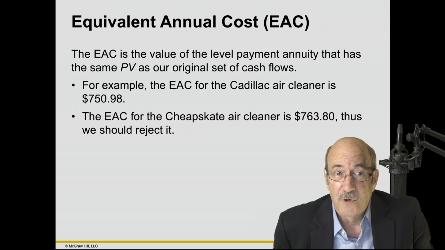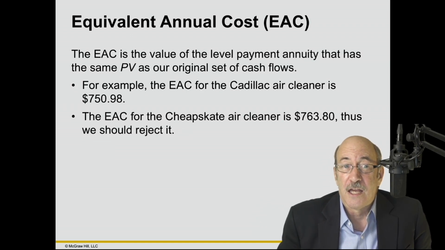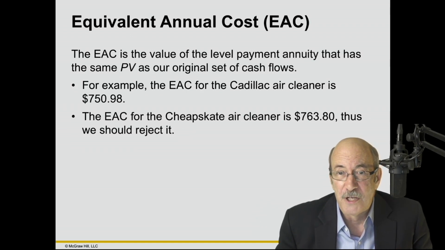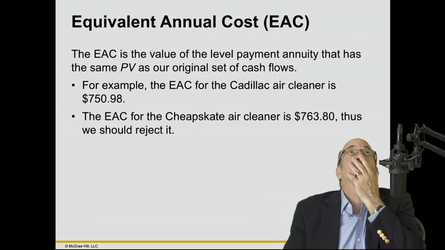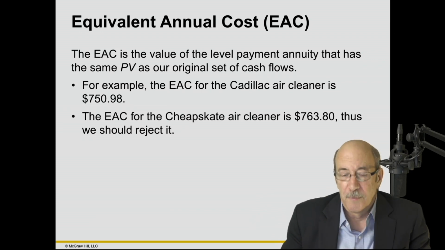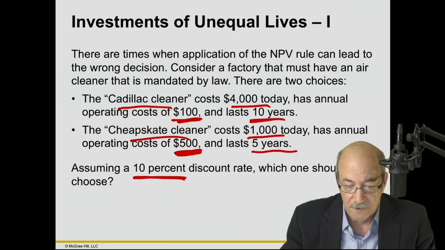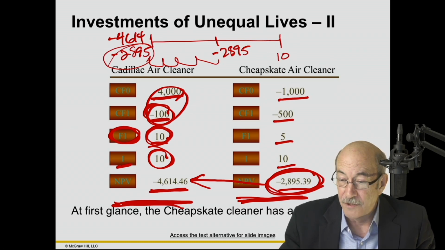Well, what we're doing with that is we're getting a value of the level payment annuity that has the same present value as our original set of cash flows. Ooh, what's that mean? Well, remember, look at our cash flows here. Yeah, this is all messy. Let's go down here.